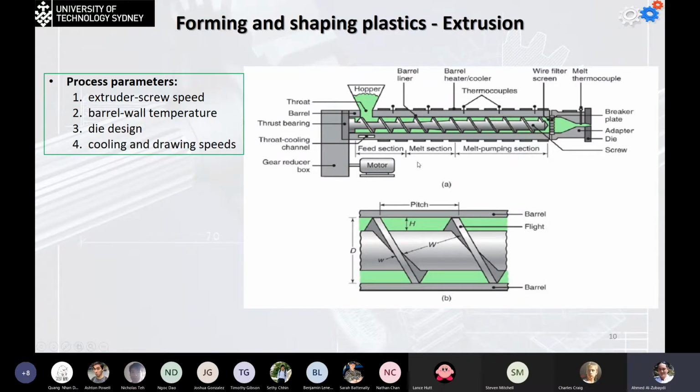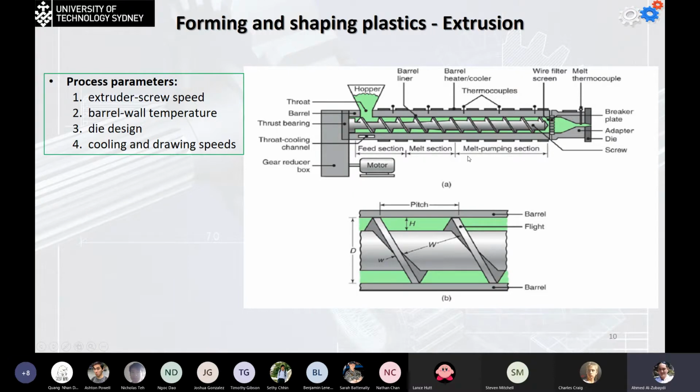To do the heating up, the screw will rotate. We have multiple heaters above the barrel, and this causes the plastic to melt gradually. You can see that we have the feed section, the melt section, and the melt pumping section. We have lower viscosity in this range. Usually we have thermocouples to turn off the heaters if the temperature gets too high.